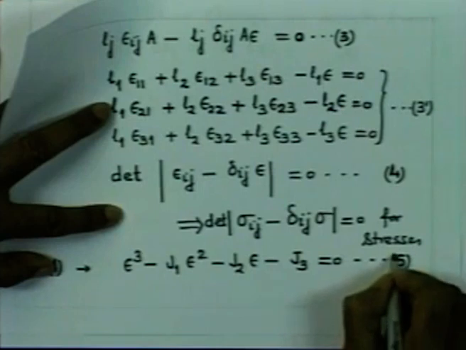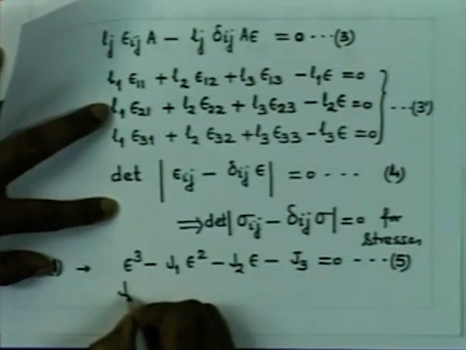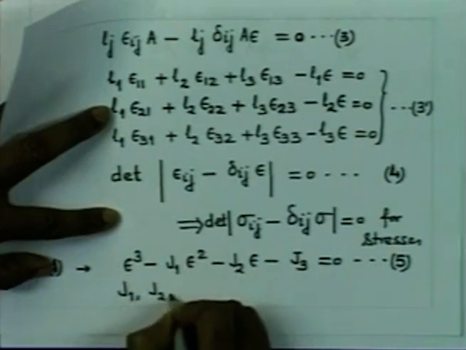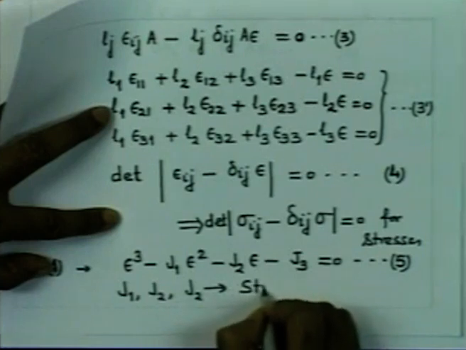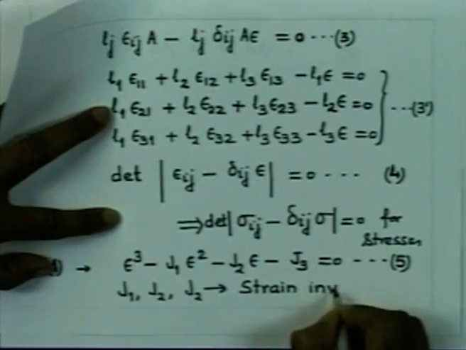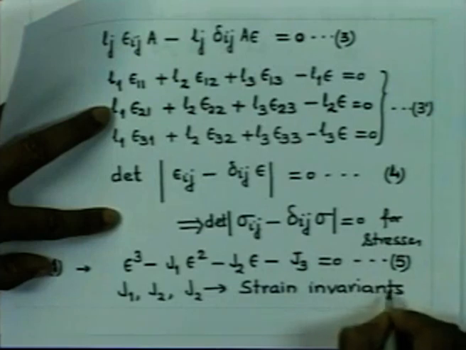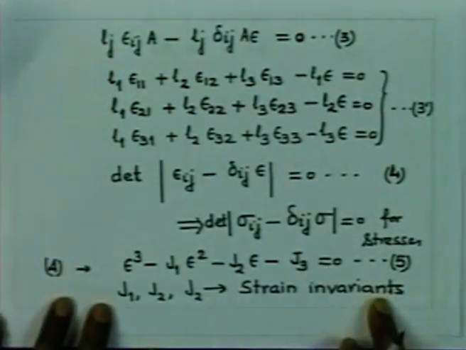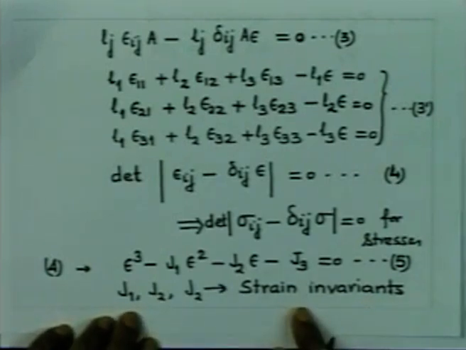This is a cubic equation involving the principal strain, and j1, j2, j3 are called strain invariants. Similar to stress invariants, they are obtainable from the strain components and have a closely parallel relationship.